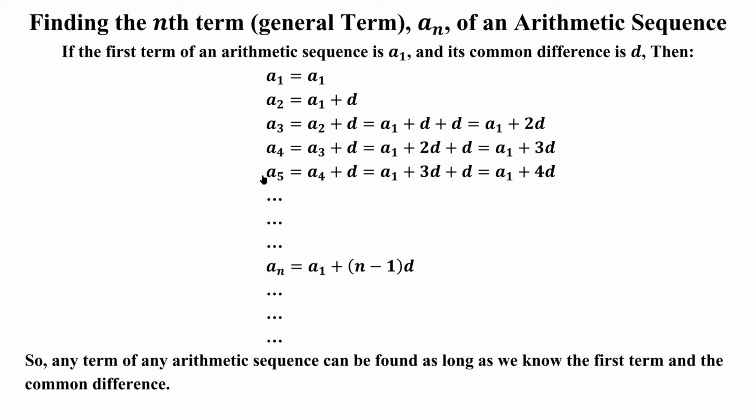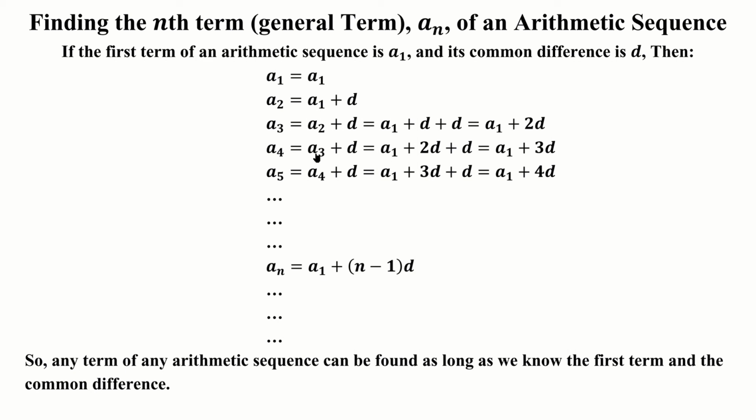We should be able to see a pattern developing here. Notice that for each term after the first one, it looks like I can get the term by taking A1 and adding 1 less than the term number times the common difference to get the term of interest. So to get A5, you take A1 and add 1 less than 5, which is what? 4 times the common difference.